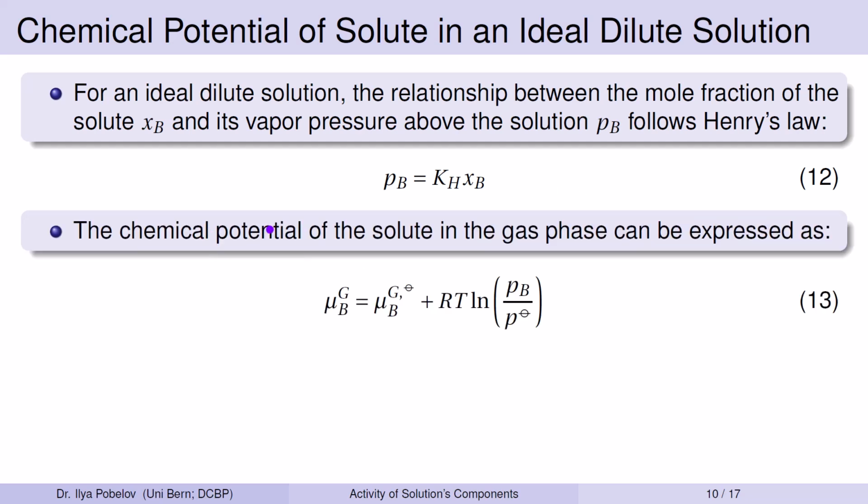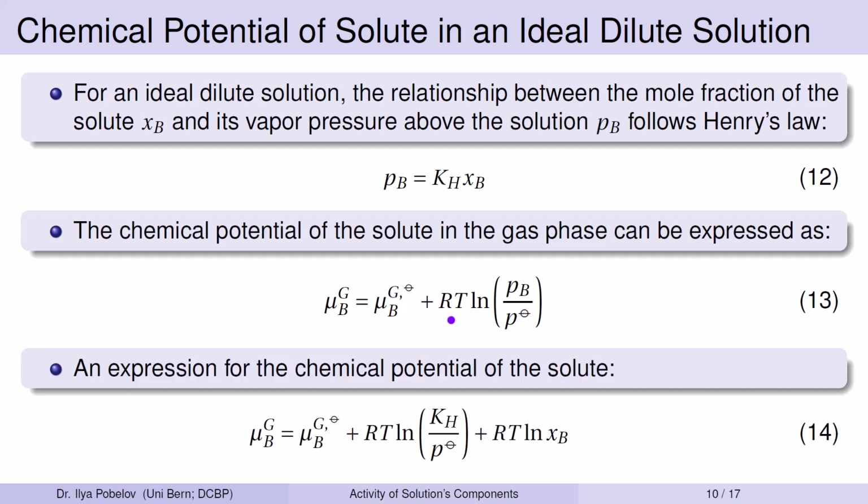The chemical potential of the solute in the gas phase can be expressed as mu Bg equals mu Bg standard plus RT times the natural logarithm of the ratio of Pb over P standard. Combining it with Henry's law, we obtain the following expression for the chemical potential of the solute in the gas phase.